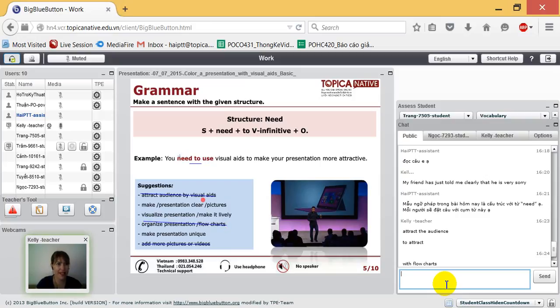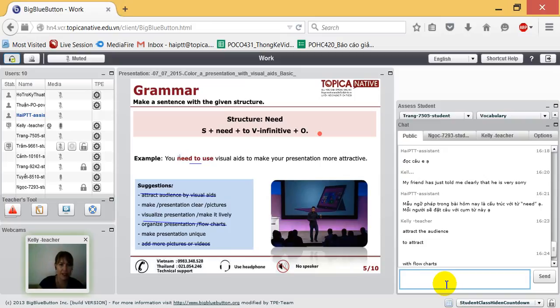All right, next, Tuet, could you please create a sentence using this structure? You need to visualize presentation to make it lively. So again, I would just change it slightly to say you need to visualize the presentation to make it lively.